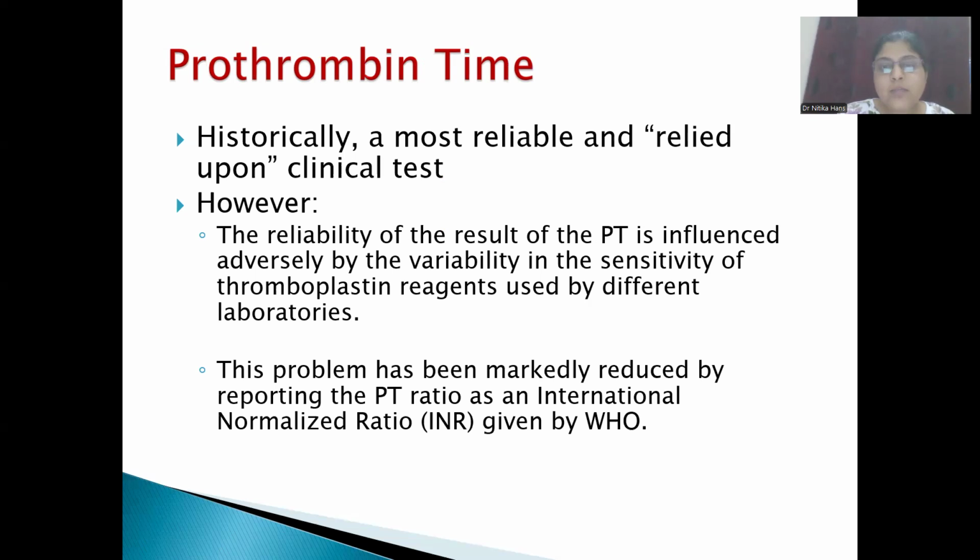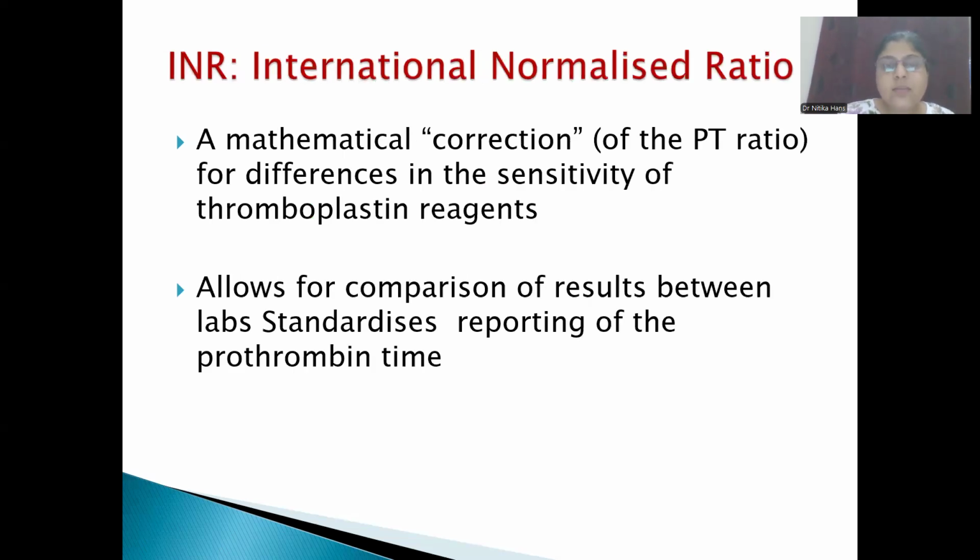This problem has been markedly reduced by reporting the prothrombin time ratio as an international normalized ratio, given by WHO. This is the mathematical correction of the prothrombin ratio for differences in the sensitivity of the thromboplastin reagents. It allows for comparison of results between labs and standardized reporting of the prothrombin time.